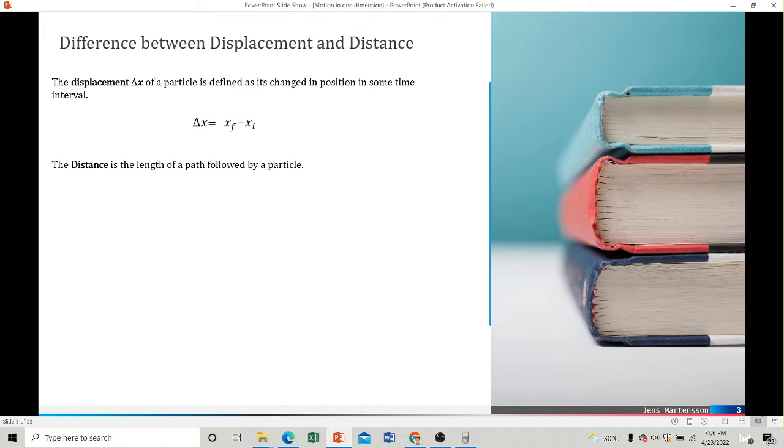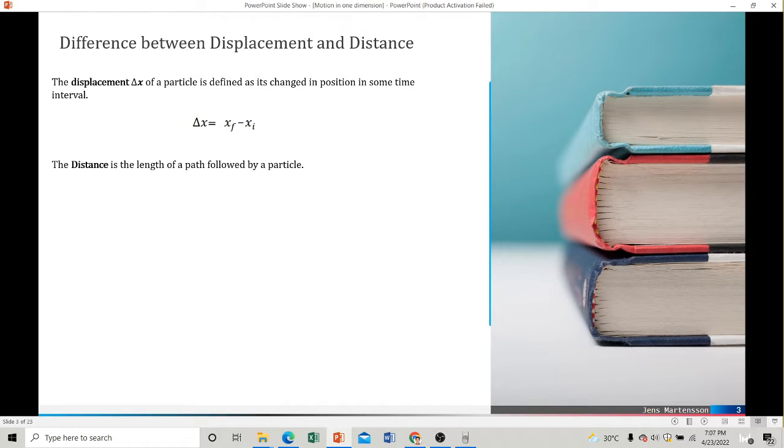Distance and displacement are two quantities that may seem to mean the same thing, yet have distinctly different definitions and meanings. Distance is a scalar quantity that refers to how much ground an object has covered during its motion, while displacement is a vector quantity that refers to how far out of place an object is. It is the object's overall change in position.